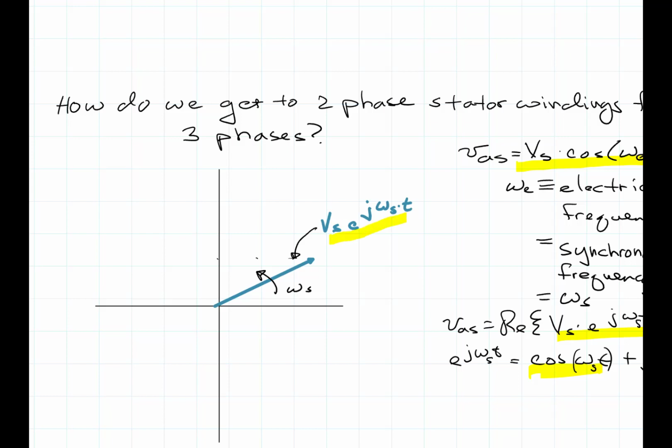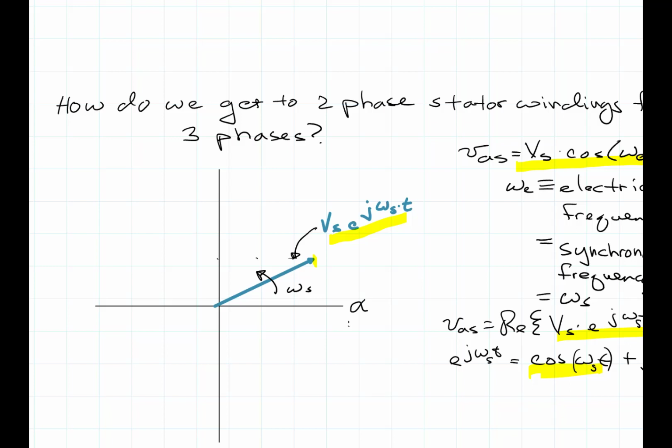And this is the expression here, representing that phasor superimposed on two quadrature axes. I'm going to name these axes, and we're going to use two different standards for naming them. One of them is the alpha axis, and I'm just going to put the name by the positive side.